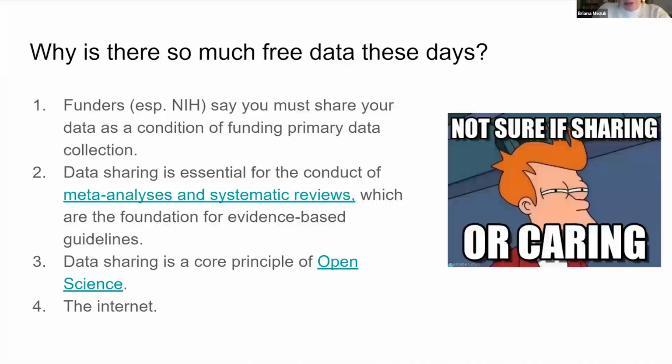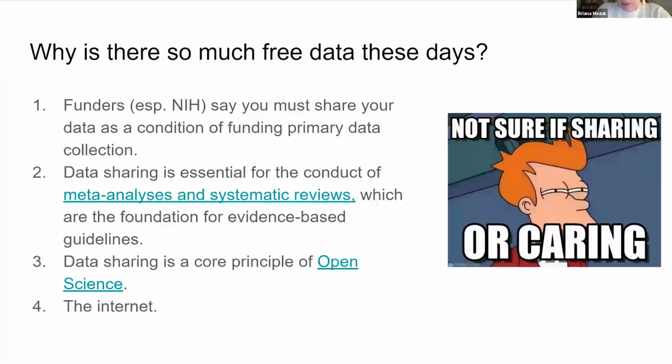And then finally, just the internet, right? We have both computing power and the ability to be connected to people in a way that we never used to be. I mean, the very first paper I ever wrote, and I'm not that old, I had to send a hard copy into the journal along with a CD that had an electronic copy of the paper.